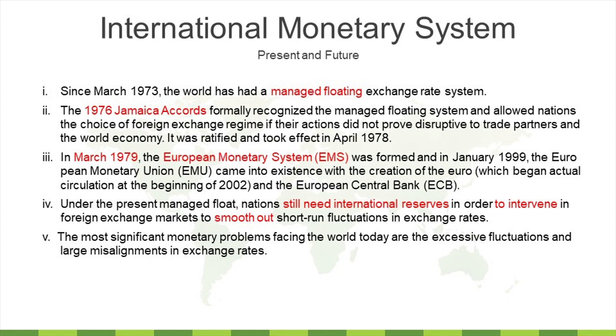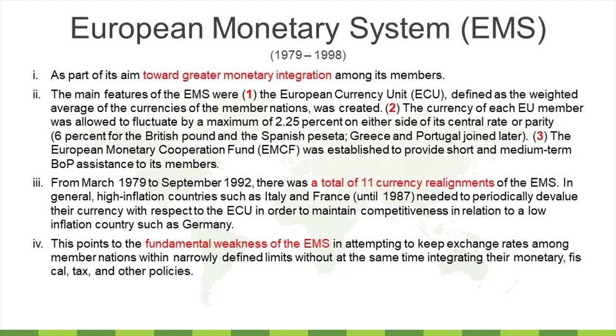Under the present managed float, nations still need international reserves in order to intervene in foreign exchange markets to smooth out short-run fluctuations in exchange rates. 5. The most significant monetary problems facing the world today are the excessive fluctuations and large misalignments in exchange rates.